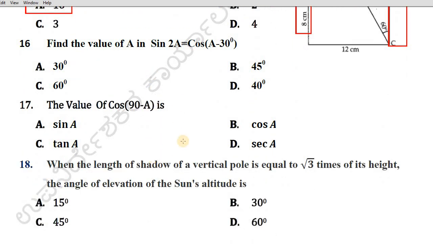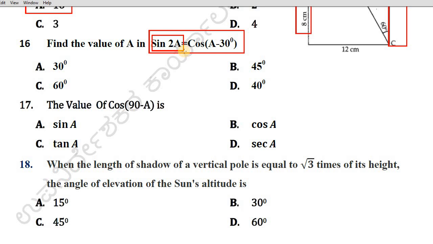Next question number 16, children. Find the value of A in sin 2A is equals to cos A minus 30 degree. So how do you solve this problem? See, left hand side it is in the form of sin and right hand side it is in the form of cos. So this left hand side also express it in the form of cos only. So sin 2A we can write it as cos 90 minus 2A.